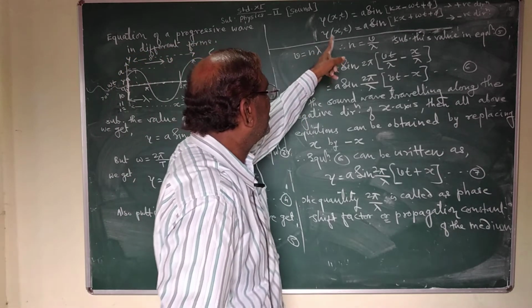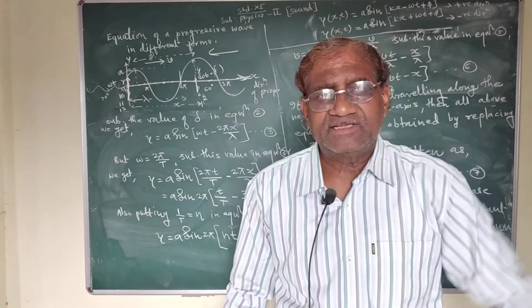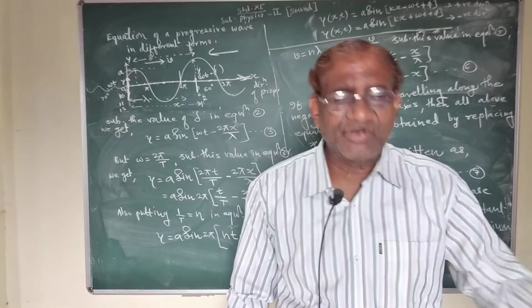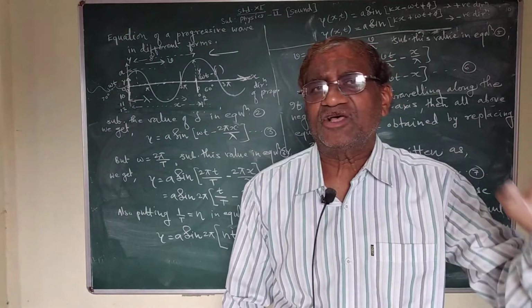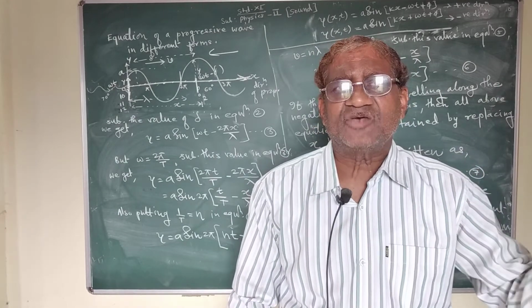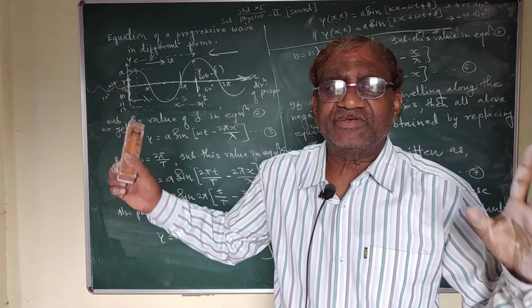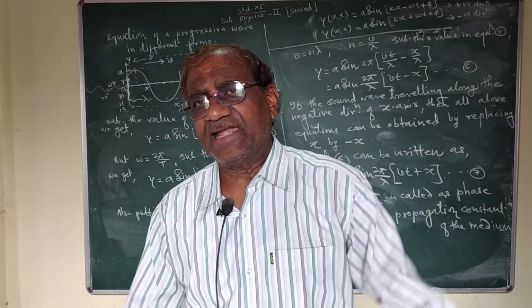Now in your book you will directly have to write the equation for a progressive wave when it is traveling along the positive direction of x-axis and when it is traveling along the negative direction of x-axis, and all these equations are the equation for displacement of a particle at an instant t.